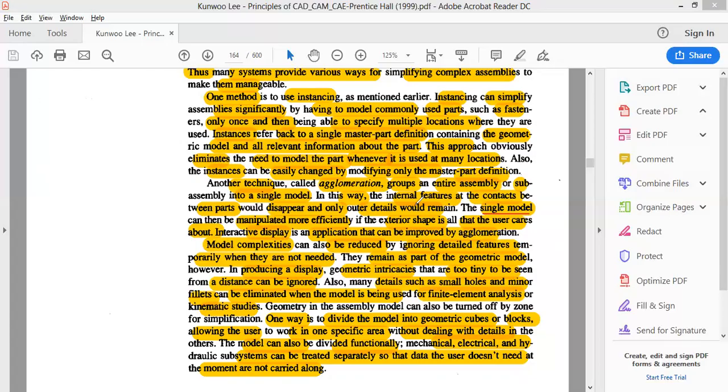Because there we don't need too much detail of the fastener, piston ring, connecting rod, all those features are not at all required for the analysis. So that is called agglomeration, where we are going to simplify the entire model.